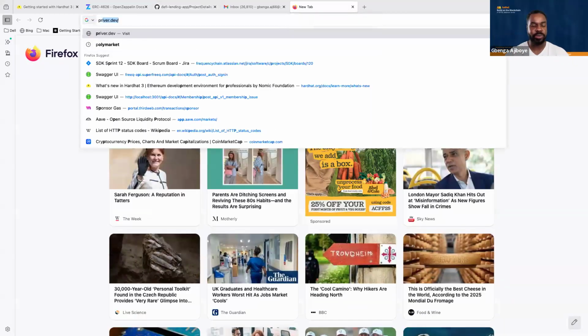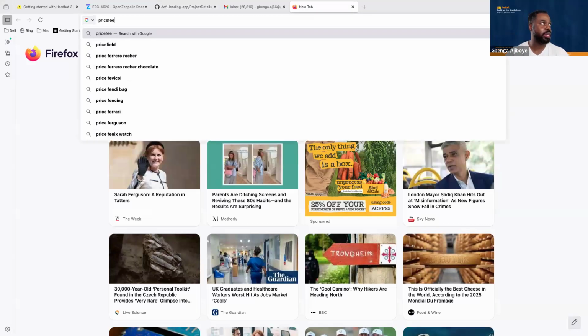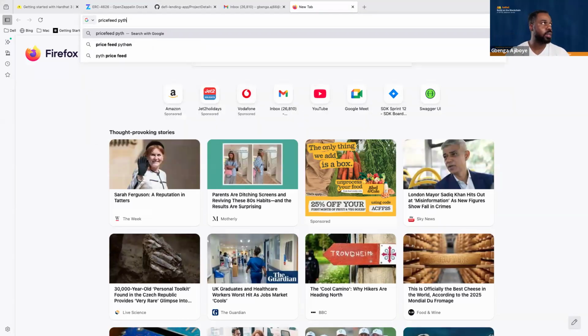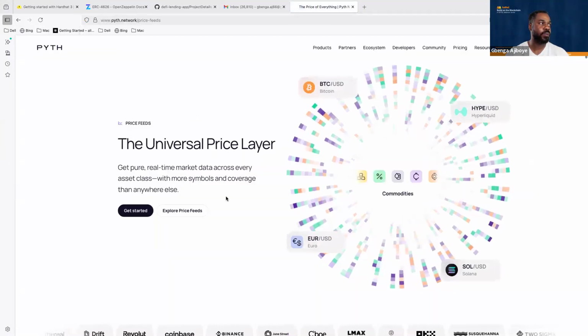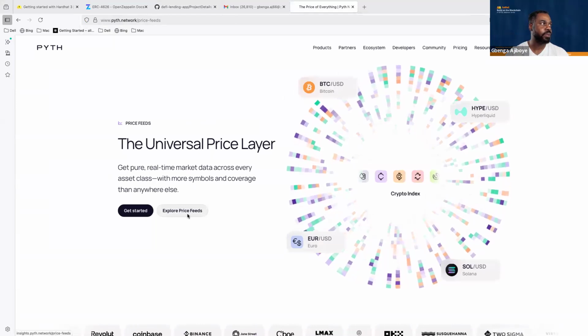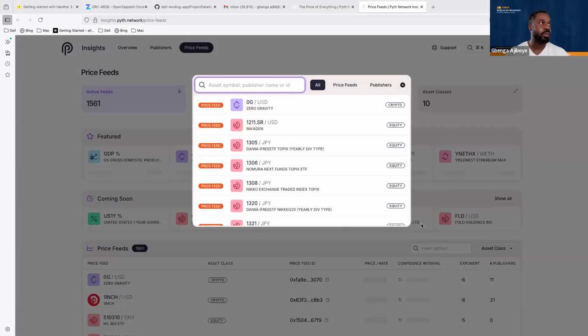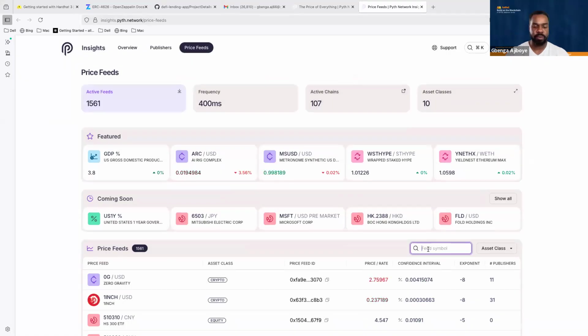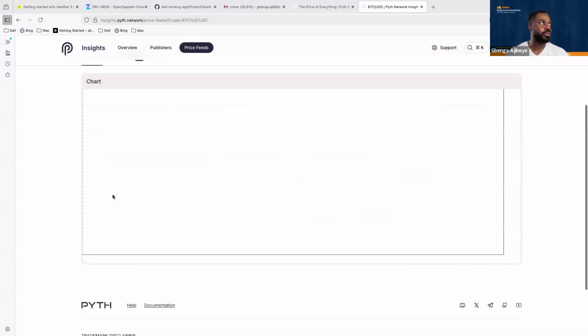You might say, what's a price feed? It's in the video, but I'm going to show you here again. This is what we're getting our prices from. So for a price feed ID, let's look at a popular asset like Bitcoin.